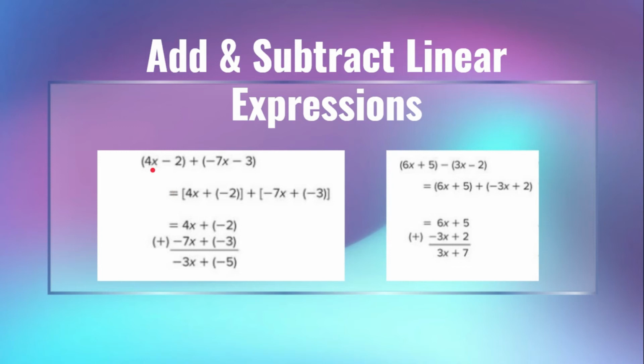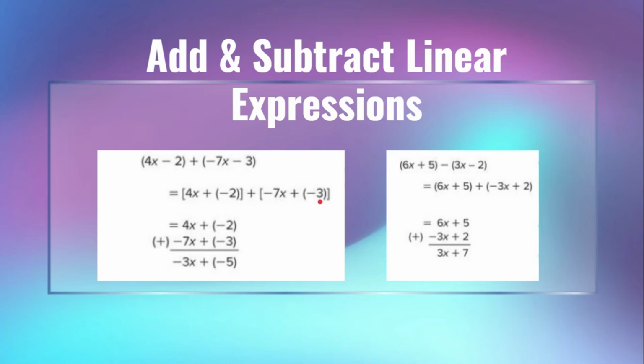So this is what is done here. We've got 4x plus the additive inverse of positive 2, which is negative 2. And we do the same thing in the other parenthesis. So negative 7x plus, here we have the additive inverse of positive 3, which is negative 3.